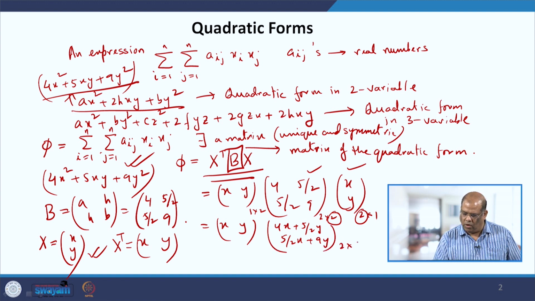Then this is 1 cross 2 and this is 2 cross 1, so the product is going to be a number, 1 cross 1.